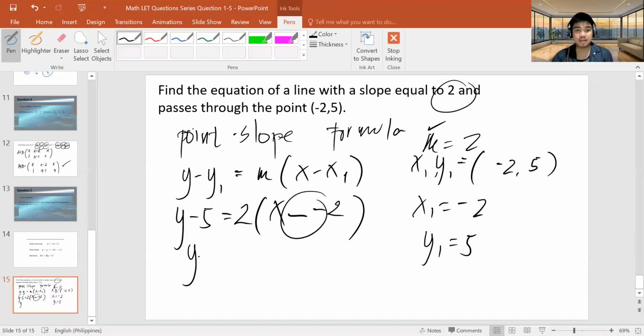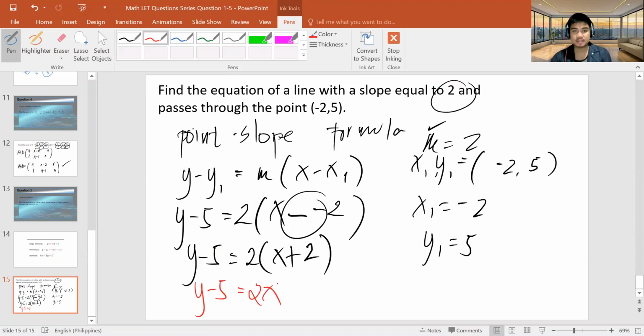So, we have y minus 5 is equal to 2x plus 2 times 2. So, we have y minus 5 is equal to 2x plus 4.